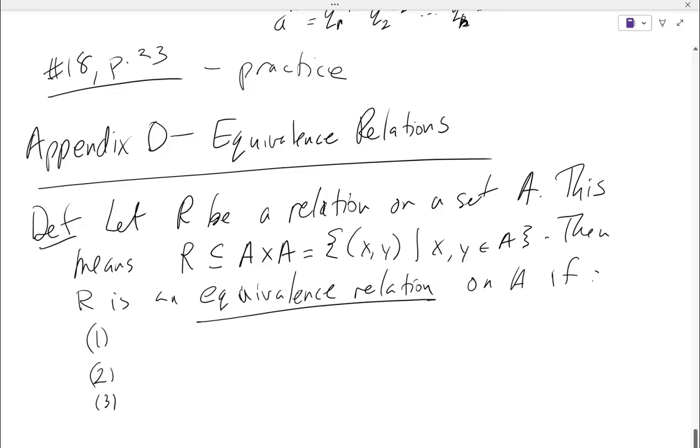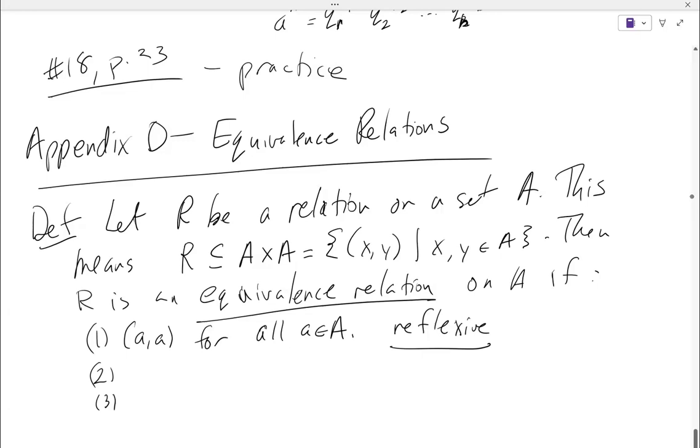And they're the exact same properties that we said we wanted for equality. The first one says that I want it to be reflexive. This is what reflexive means: everything is equal to itself.